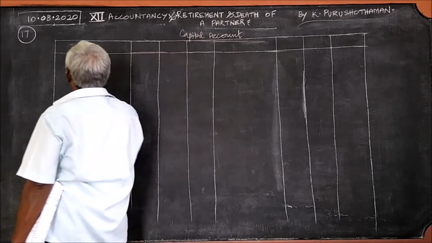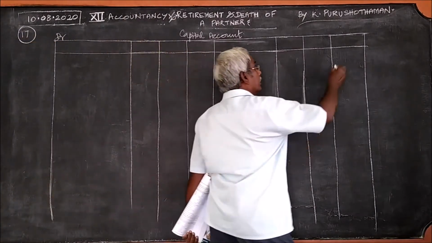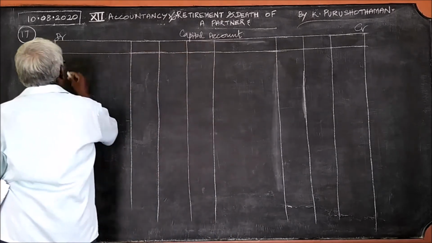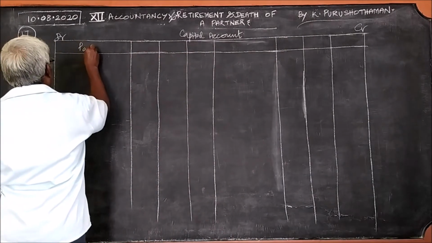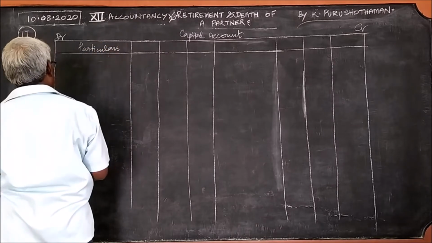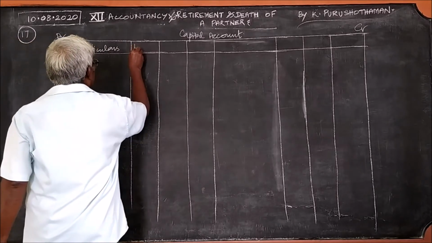Since it is an account, we should write debtor, creditor on the corner. And the heading, particulars. The three partners are Kannan, Rahim, John.